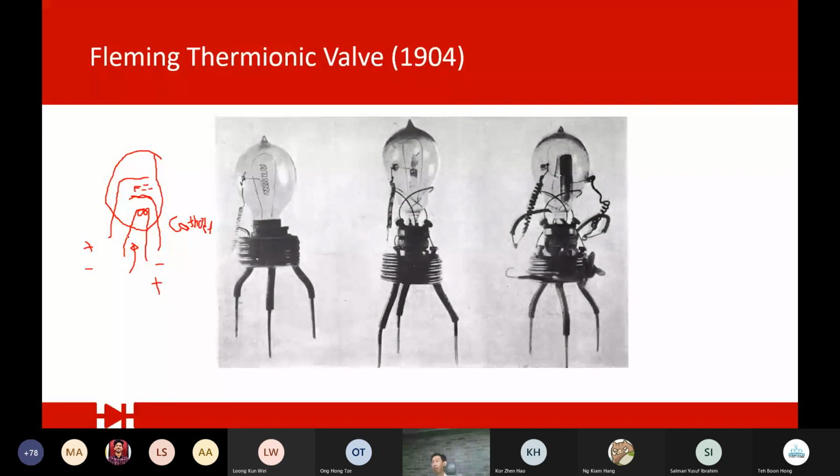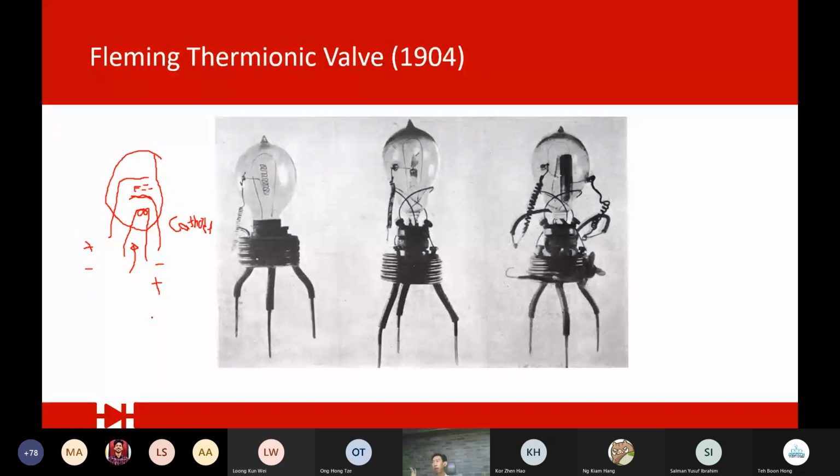But when you put it in this direction, you will have conduction. In this way, it behaves like a diode that allows current to flow in one direction but blocks the other direction. This is the working principle of the old days valve.